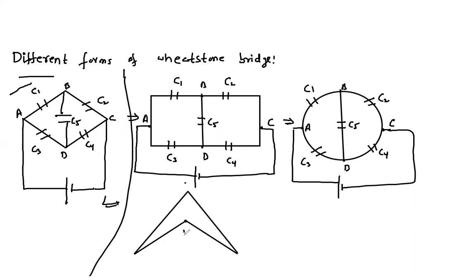This is point D, this is point B, this is point A, this is point C, this is C5, this is C1, this is C2, C3, C4, and this is the cell.